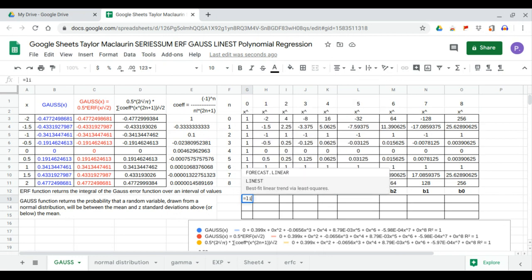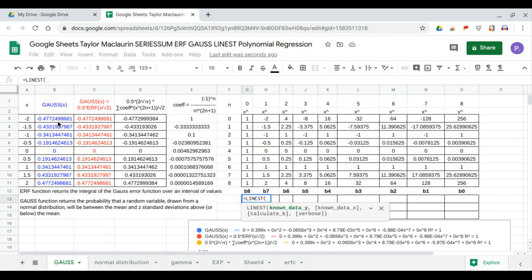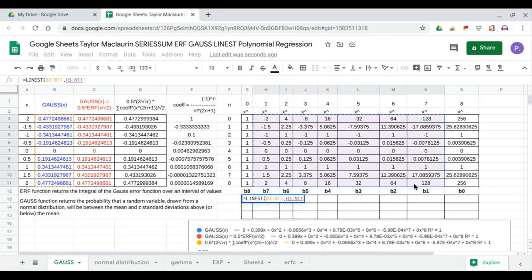Array formula LINEST of the y data and x data. So just use this column, data x. In the next video, we will include this column to calculate for the y hat. So these are B0, B1, B2, B3, B4, B5, B6, B7, and B8.